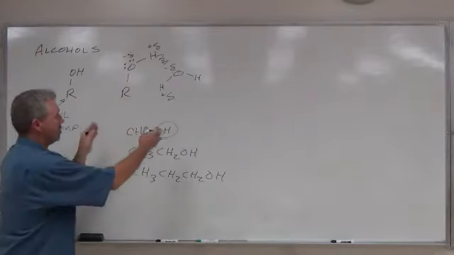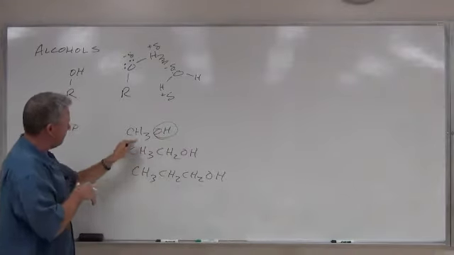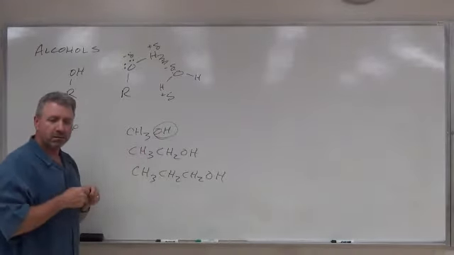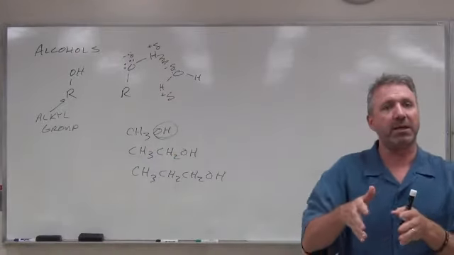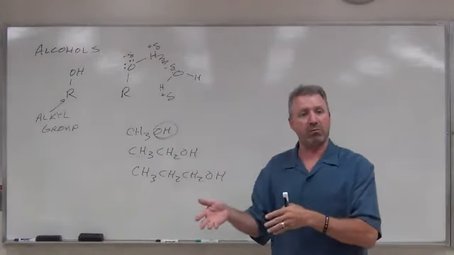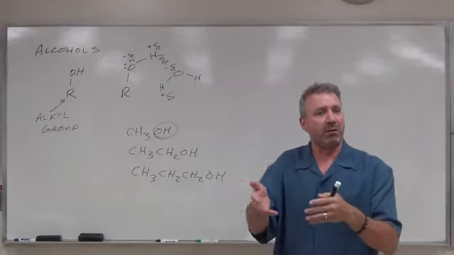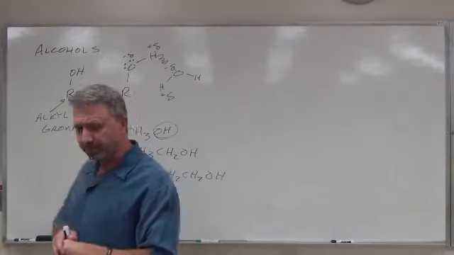So when you have a small carbon chain alcohol, the OH group will dominate the solubility characteristics and it will mix with water. It will be miscible. It will form one single layer.